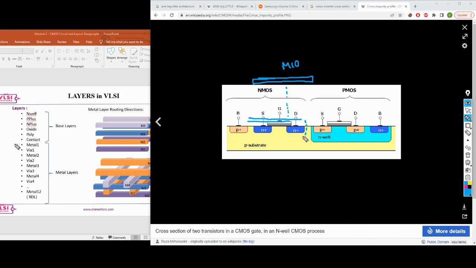Now the homework question is, among these metals, which is going to be high resistive and which is going to be low resistive? If you want to understand that, you need to look at something called metal stack in VLSI.